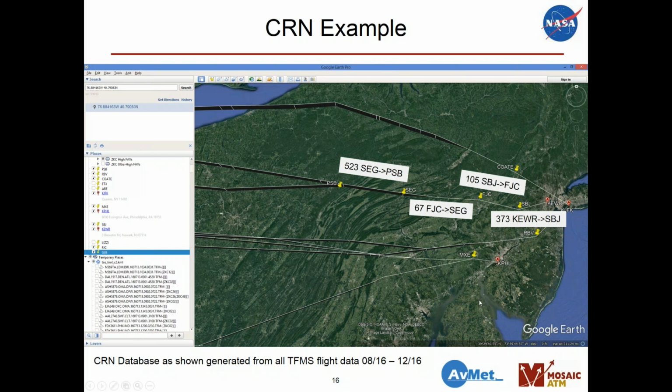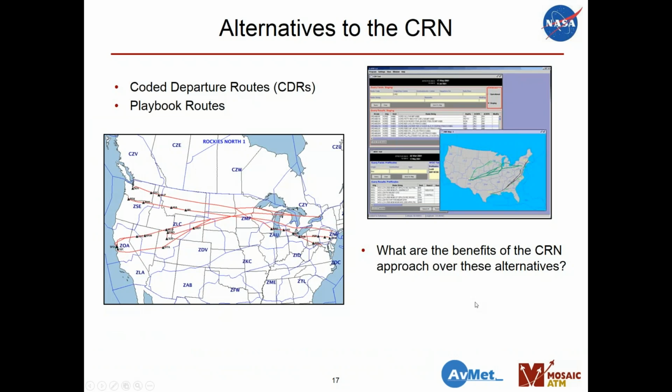So this has been asked already in some degree about some of the different rules that we've applied and what are the benefits of this approach. Obviously, the coded departure routes, as well as the playbook routes, these databases exist and are being used operationally to identify alternative routes that can be used. So why do we need something different?